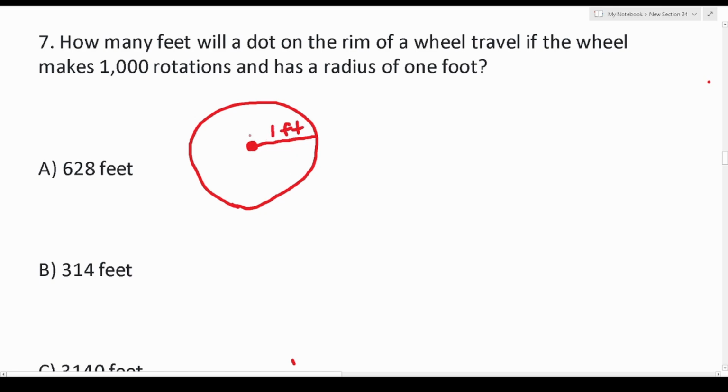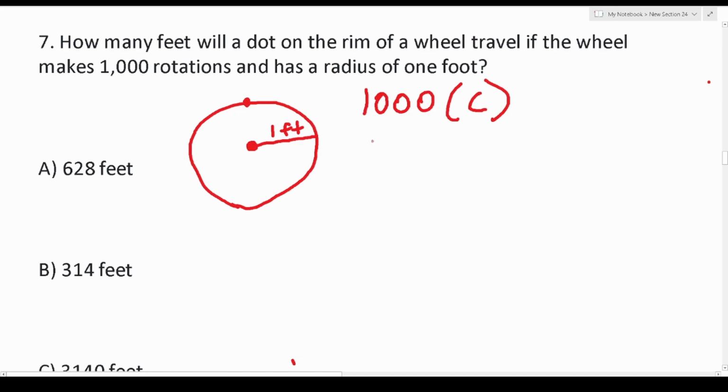The question is, if there's a dot on the rim, let's say the dot's right there, how much distance will it cover if this rim makes 1,000 rotations? Well, in order to figure that out, we have to take 1,000, which is how many rotations this wheel makes. We're going to have to multiply it by the circumference of this wheel.